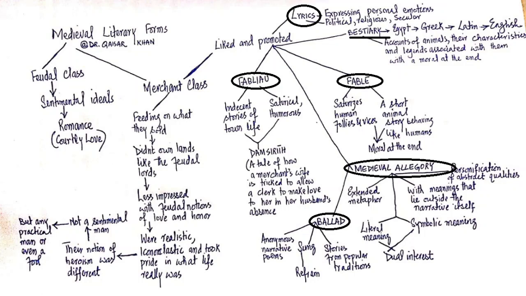And then slowly and gradually, when we move on in the history of English literature, we come across so many good examples of allegories, which we hope that we will be dealing with at the appropriate time.